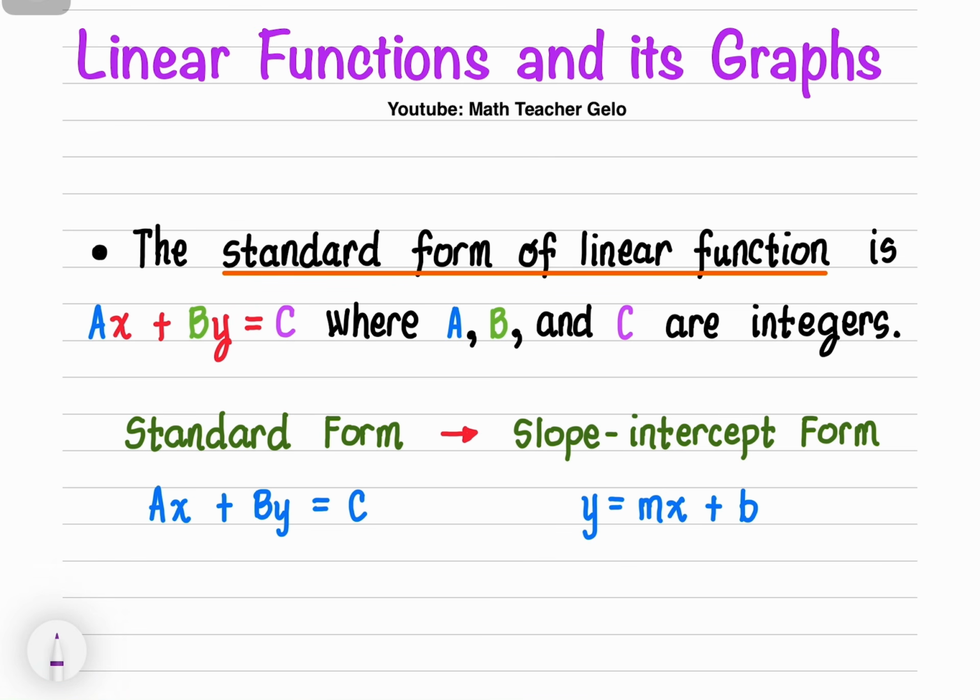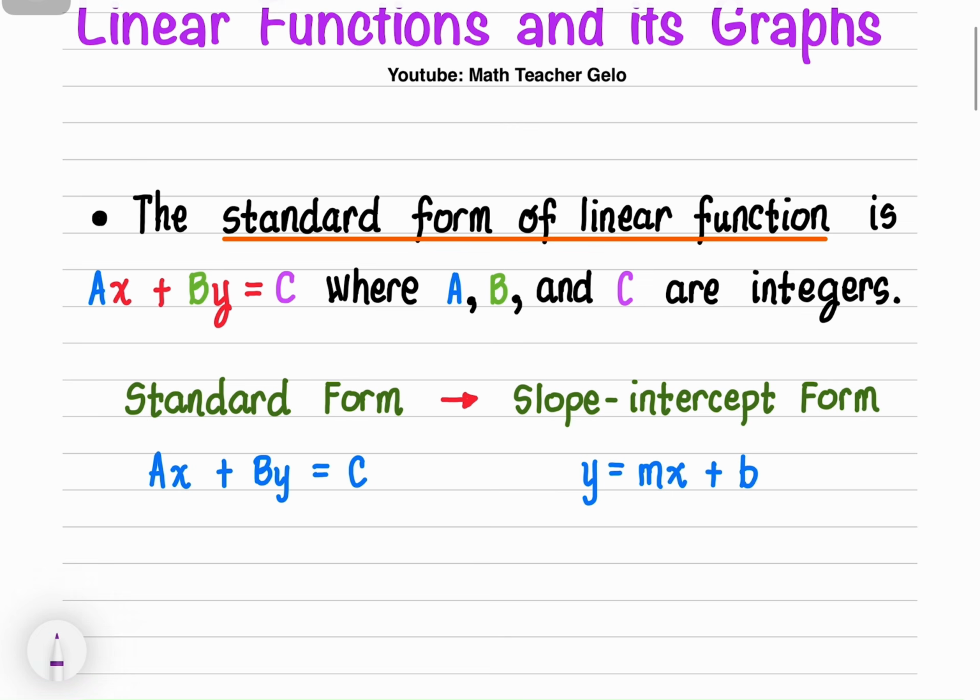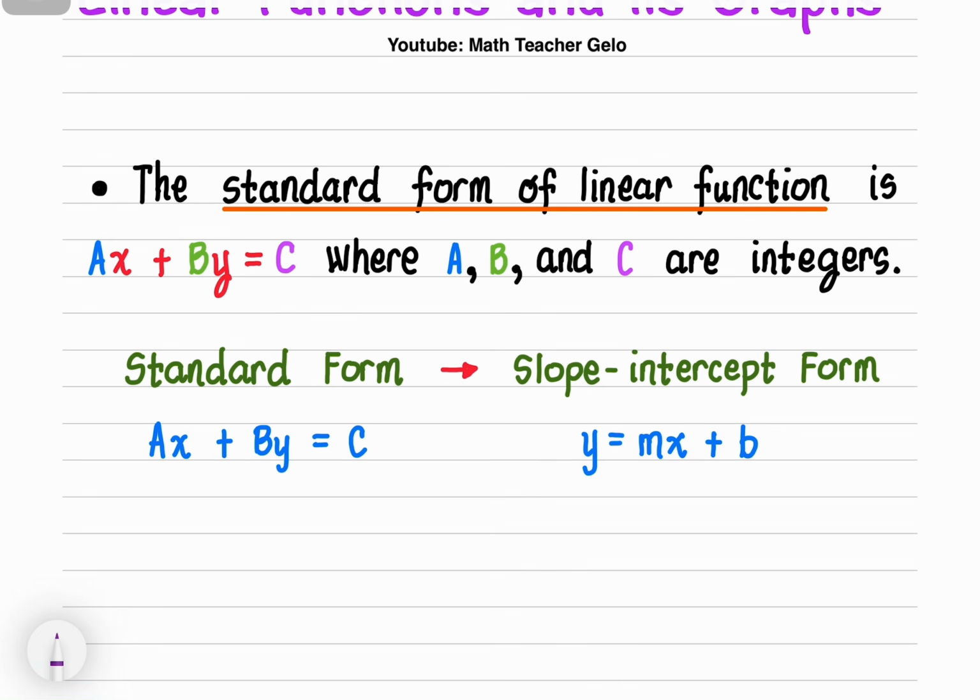So, paano nga ba yung nangyari? Okay? Sige. So, i-convert natin yung standard form into slope-intercept form. So, we have ax plus by equals c.